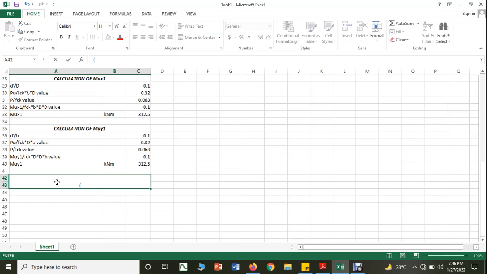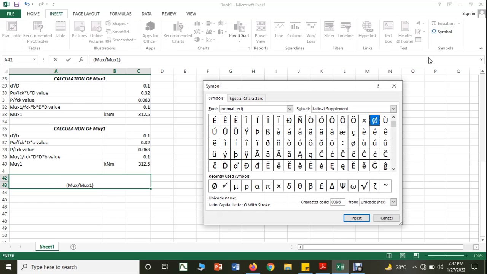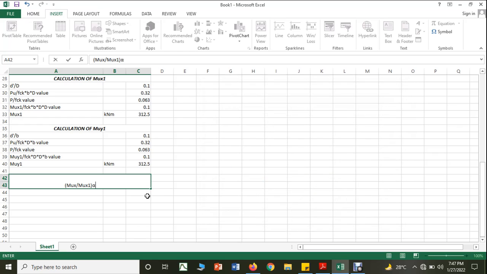We are supposed to check Mux divided by Mux1, to the power of alpha n, plus again Muy by Muy1 to the power of alpha n again.